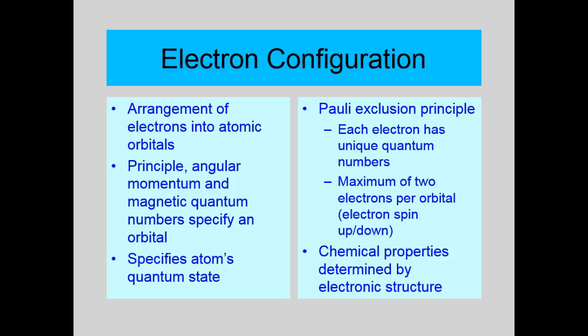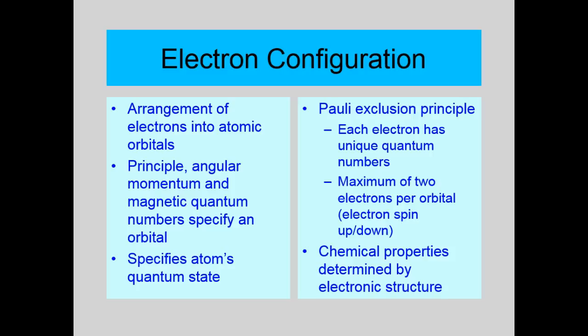Two may have the same n's, two the same l's, and there could be some with spins the same, but never will any single electron have all of those quantum numbers exactly the same. I think we did this slide.